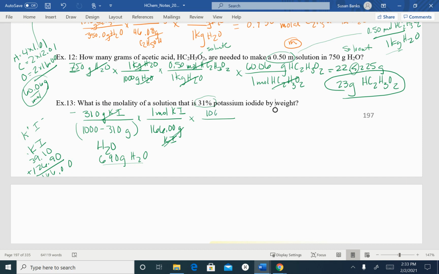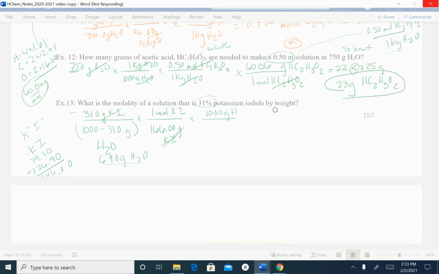So I have 690 grams of water, and 1,000 grams of water will give me 1 kilogram of water. So when it will let me write again, we'll put a kilogram of water on the bottom.